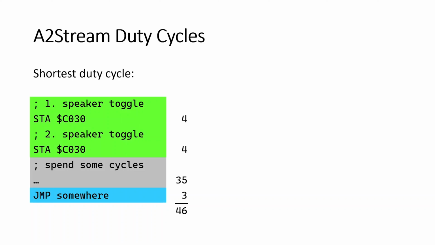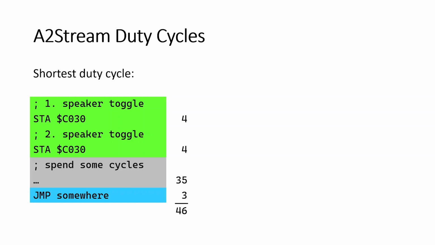Let's have a closer look at how we generate duty cycles using the 6502 CPU. Here you see the shortest duty cycle possible. It starts with toggling the speaker with a store accumulator instruction, and then right afterward another instruction of the same type.